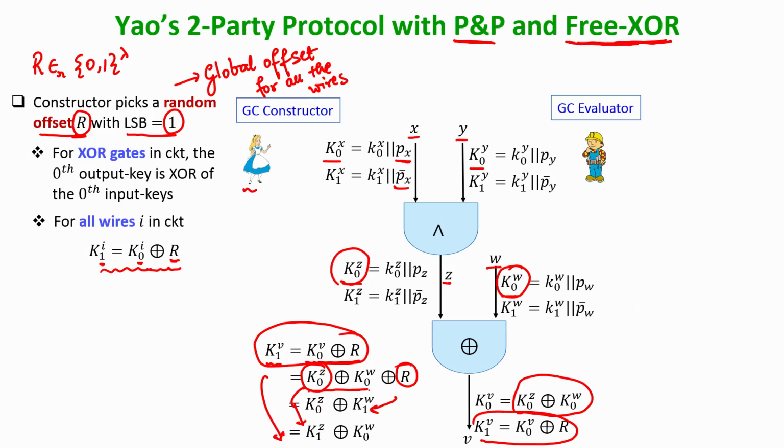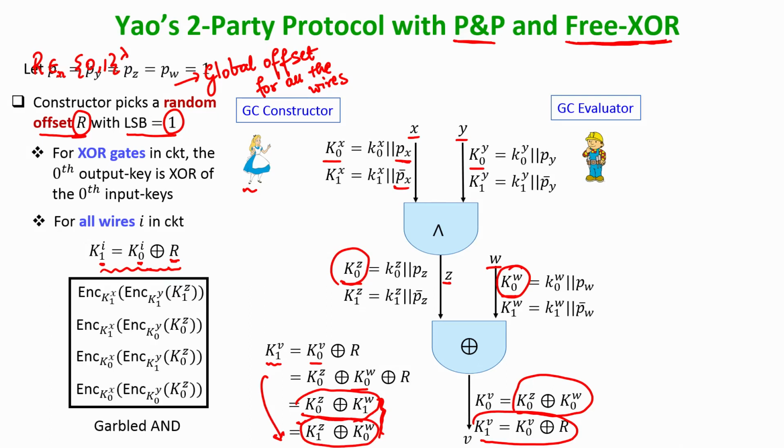That means these two properties hold, and this will be crucial later when we see the evaluation of the circuit. So, this is how the wires are garbled by the constructor in the free-XOR technique.